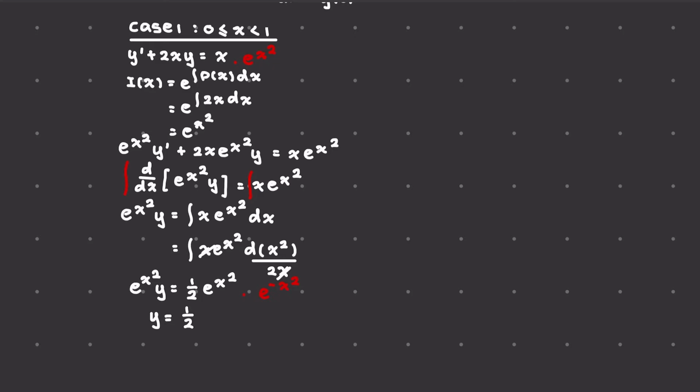Also remember, I almost forgot something here, we have a constant, plus c, and then we multiply both sides by e to the negative x squared. And so we will get 1 over 2 plus c e to the negative x squared.